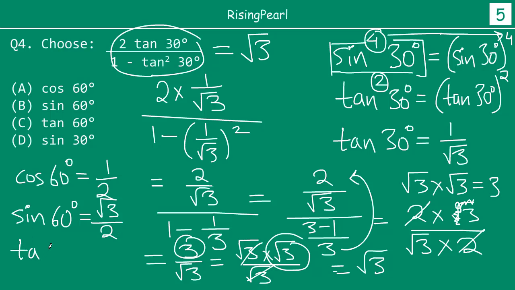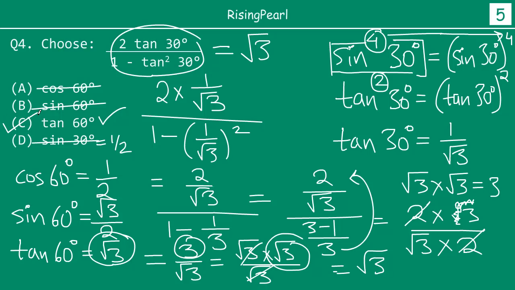Now tan 60 degrees is square root 3, which is exactly what we have. So we know that this is an answer, and let's check the last one as well. Sine 30 degrees is 1 by 2. So the others are not the answer. So C is our answer.